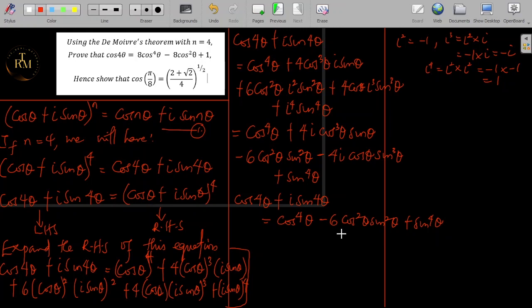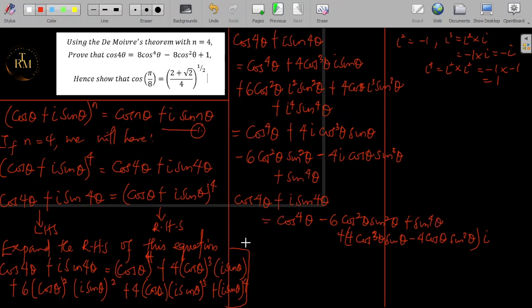Then the continuation would have plus 4 cos cubed theta sine theta, then minus 4 cos theta sine cubed theta. But I'm going to bracket this with an i. So what I've done so far is bring the terms that have the i together, and that's what you have here. And I brought the ones without the i's together, and that's what you have here.